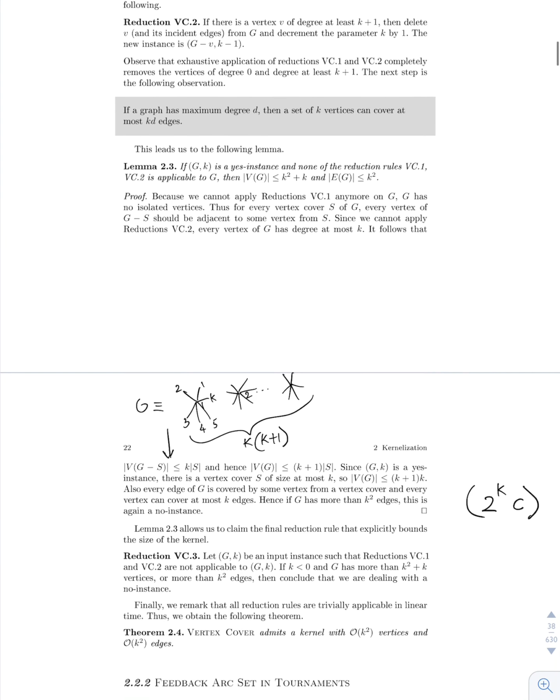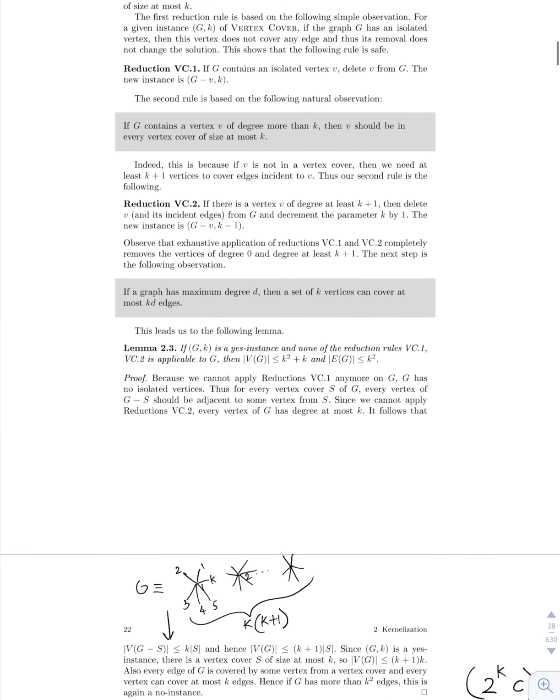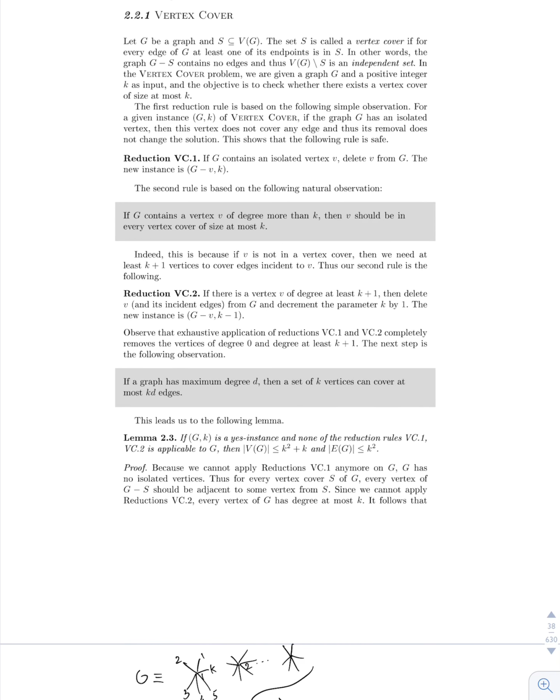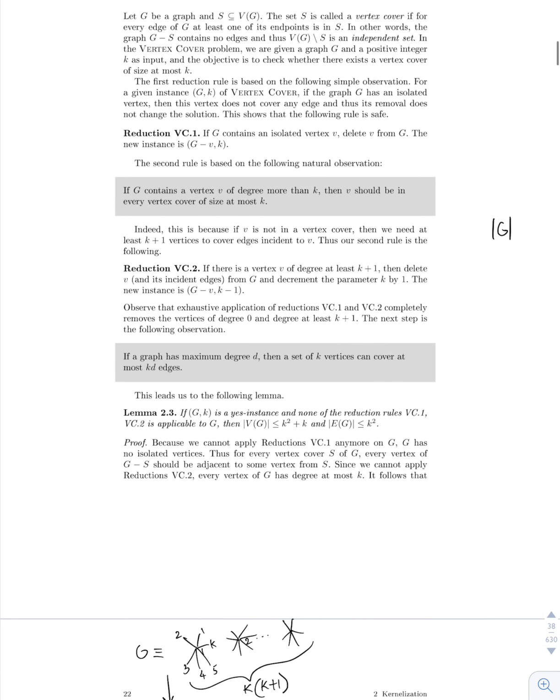And application of these two rules until we can find a graph for which these two rules cannot be applied. Now this whole process also takes some polynomial time, and it will be a polynomial in the instance size, that is G here.